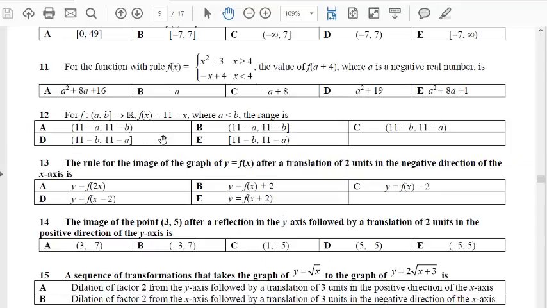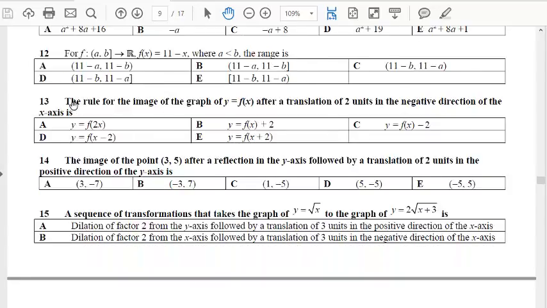Okay, we can try this just on this screen right here. The rule for the image of the graph, f of x, after translation of 2 units in the negative direction of the x-axis is. So I want you to type your answer, A, B, C, D, E. I think it's really simple. It's just moving to the left by 2.